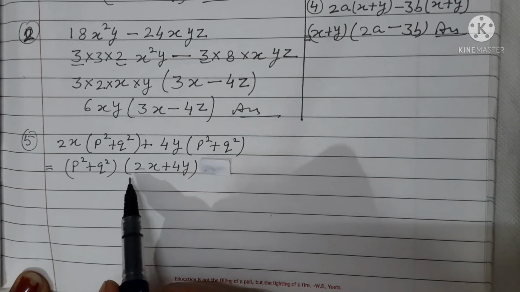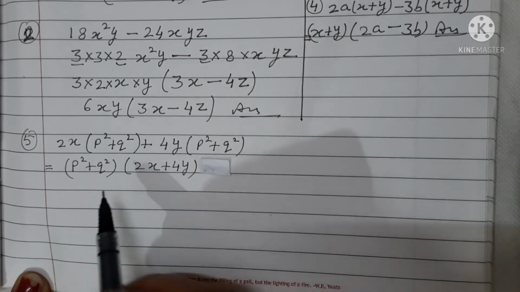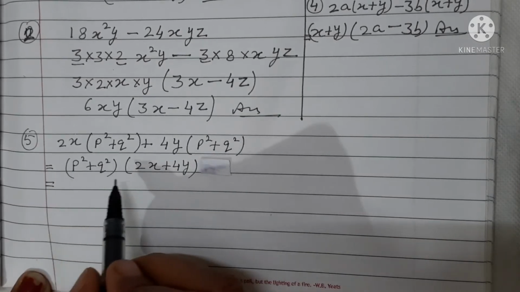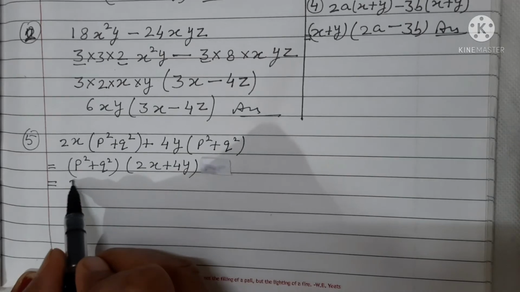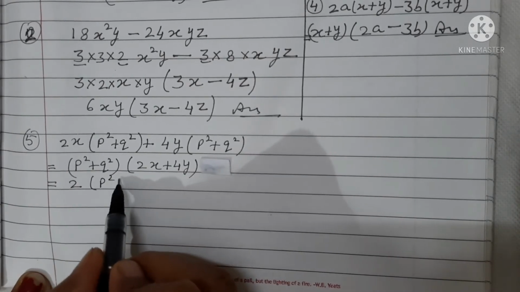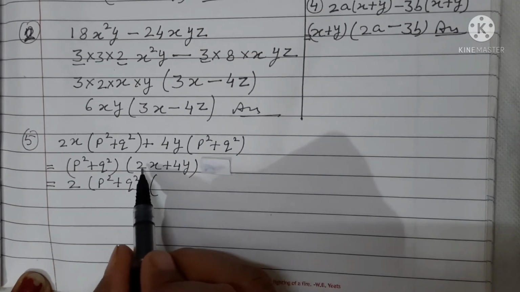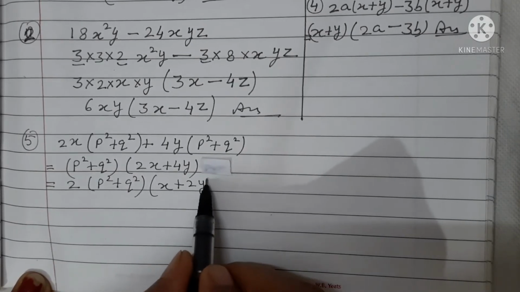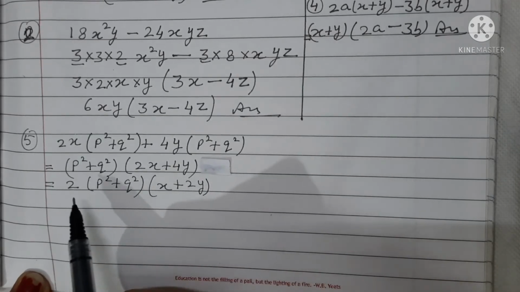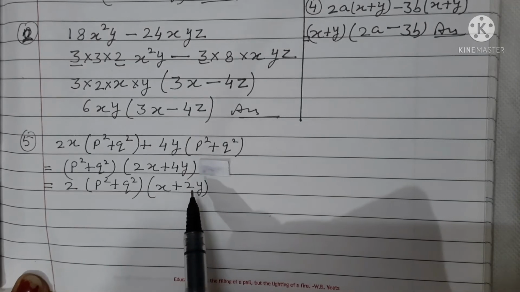If you forgot to take out 2 common, you can take it in another step. So you can write it: when you take out 2 as common, 2(p² + q²), and this becomes (x + 2y).